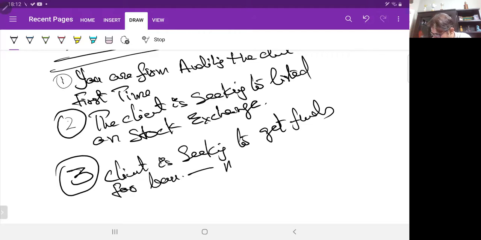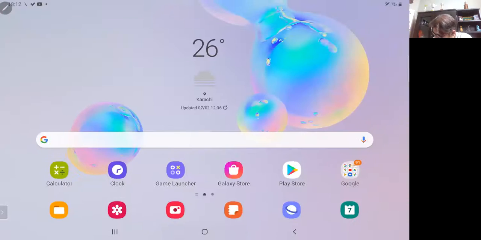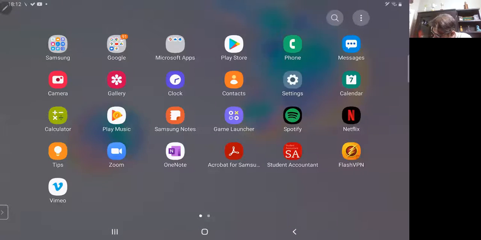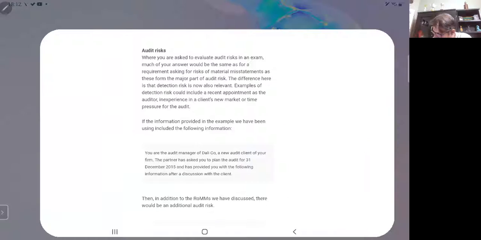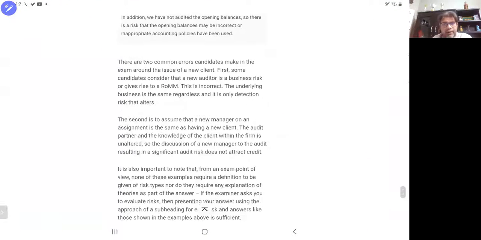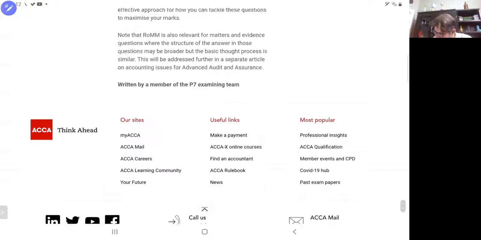Obviously, there is a chance of manipulation, and there can be a detection risk issue. So these can be examples of it, and that's the technique which we need to know for these audit risk scenarios. I hope you get it.